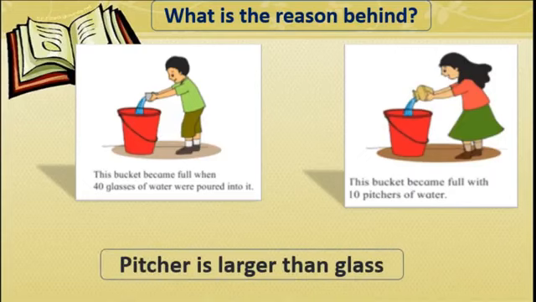The size of the pitcher is more than the size of the glass, or the pitcher is larger than the glass, isn't it? The pitcher is larger than the glass, or the glass is smaller than the pitcher, right?